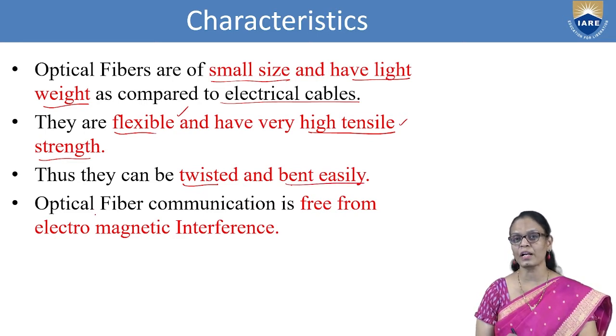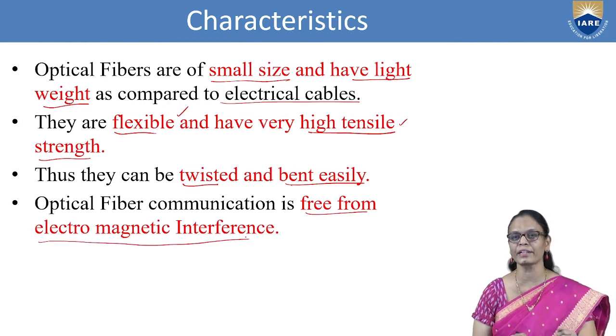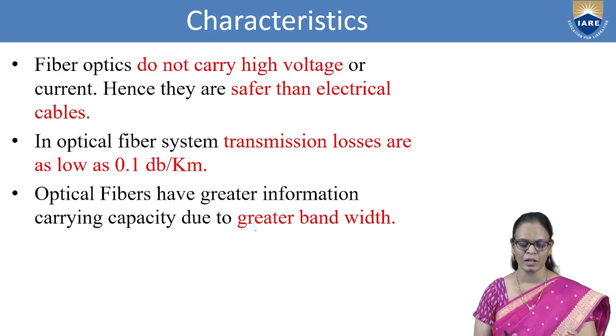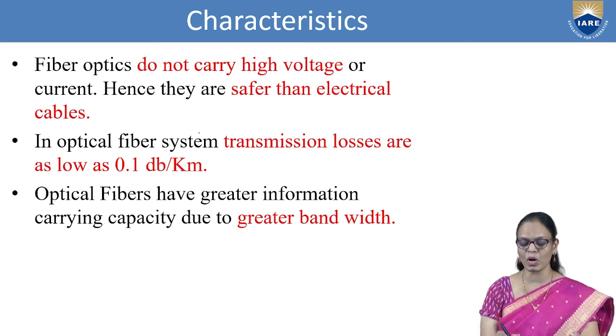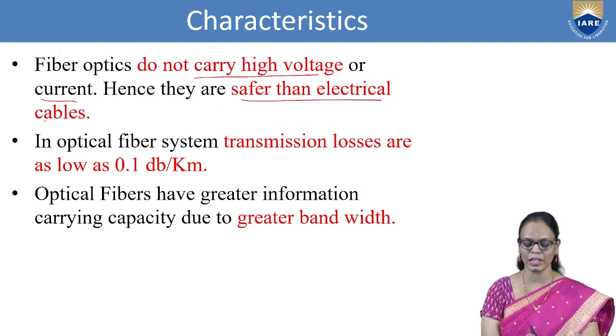And optical fiber communication is free from electromagnetic interference. We have already seen that because of this fiber it is immune to electromagnetic interference. So there will be less loss of signal. Then fiber optics do not carry high voltage or current. So they are safer than electrical cables.